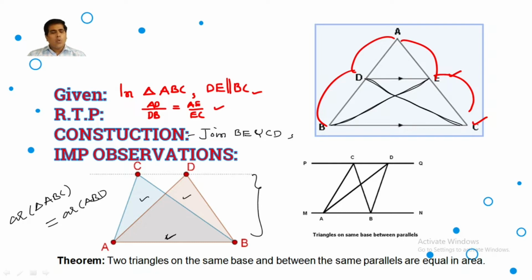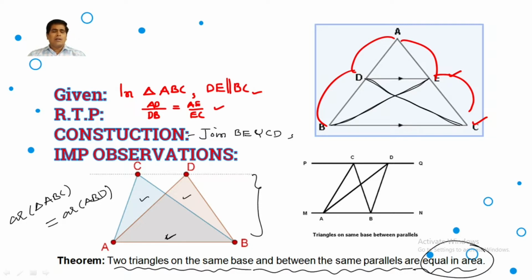Why is it so? In 9th class you have learned this theorem: triangles on the same base and between the same parallel lines are equal in area. That is the proof you have already learned in the 9th class.